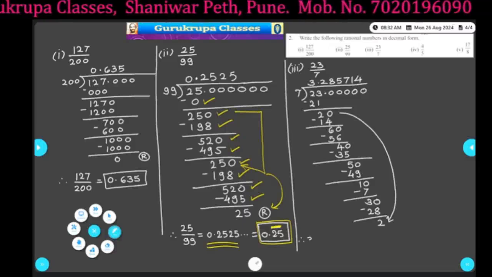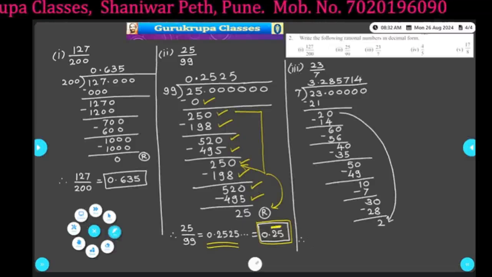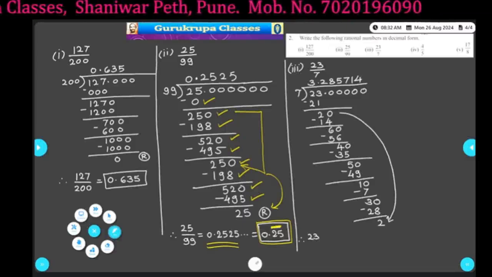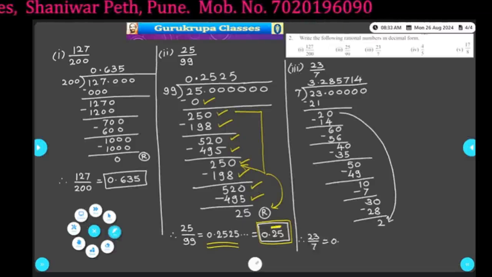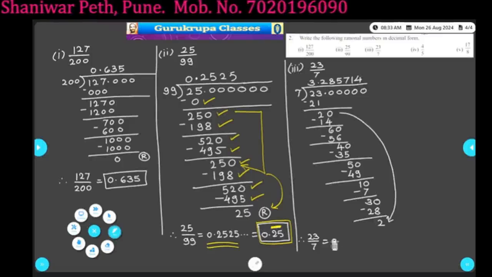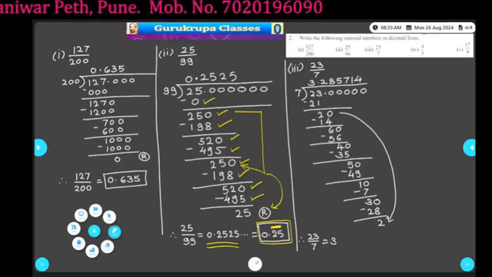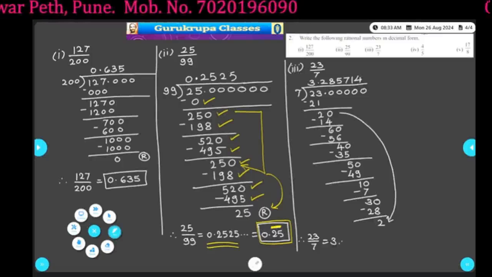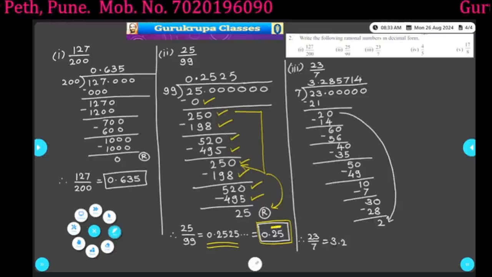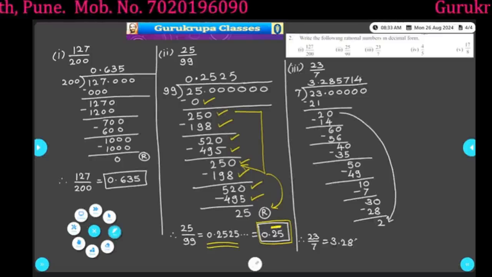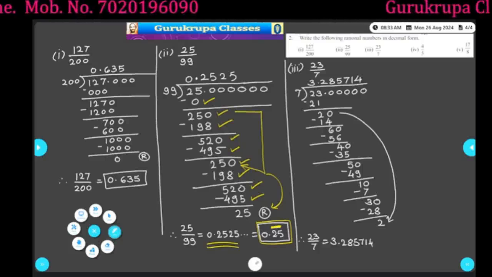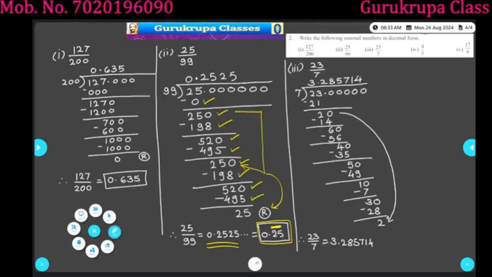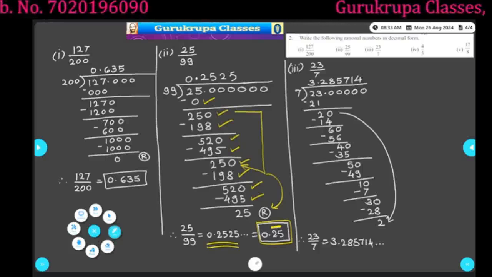So therefore, the decimal form of 23 upon 7 is equal to 3.285714. Not 0.3, by mistake I wrote that here. And if you carry this on, it would be carried again and again.